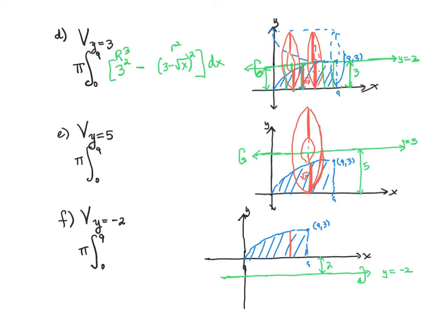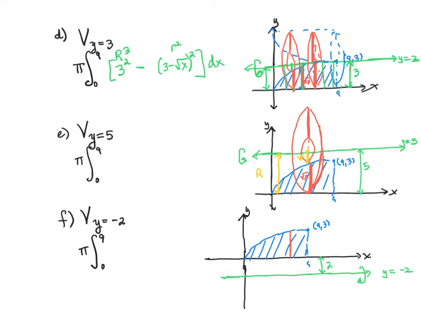And now we would like to represent the outer radius, and the outer radius is the distance from the middle of the washer to the x-axis. This is the outer radius, and the inner radius is represented by the distance from the center of the washer to this piece. That's the little radius. So how can we represent that in terms of 5 and root x? Well, the outer radius will always be 5.